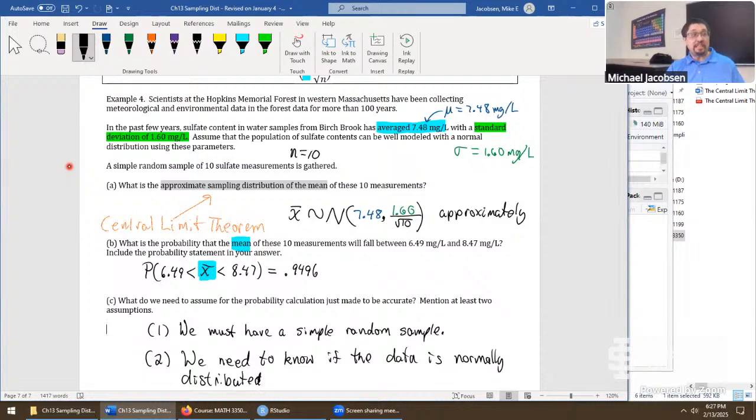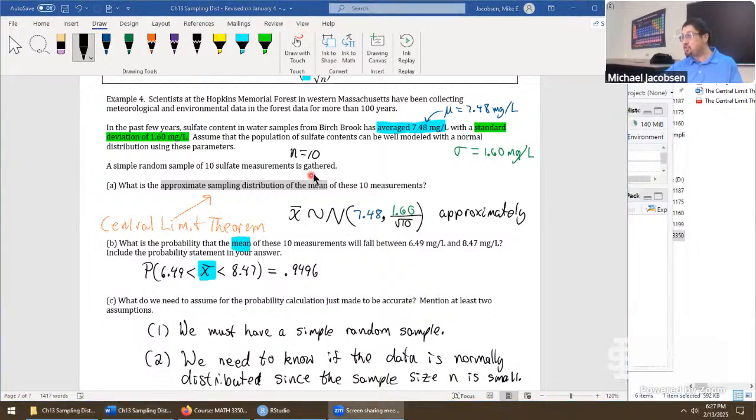We need to know if it's normally distributed since the sample size n is small. So there's no guarantee here that the central limit theorem is just going to work at any sample size. That's something we really have to look into.